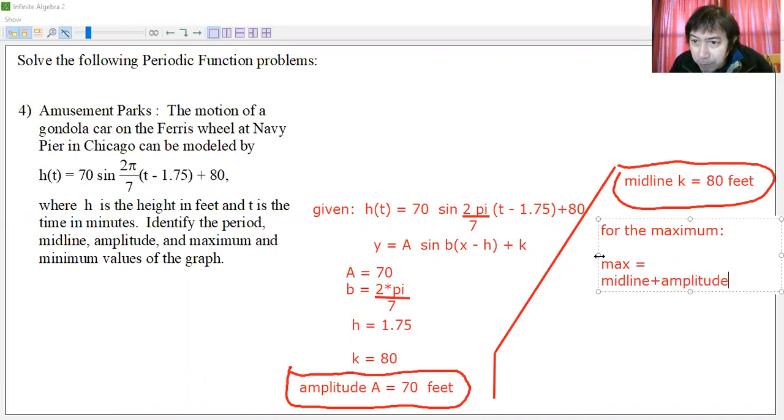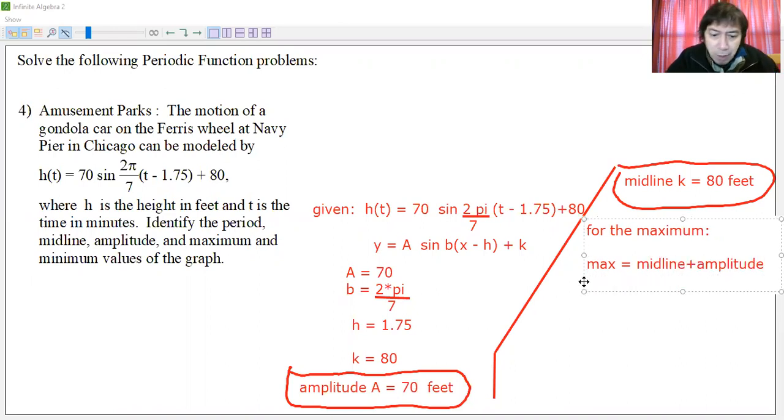And the numbers are, our midline is 80 added to amplitude, which is 70. And so we have 150. Our max is equal to 150 feet.